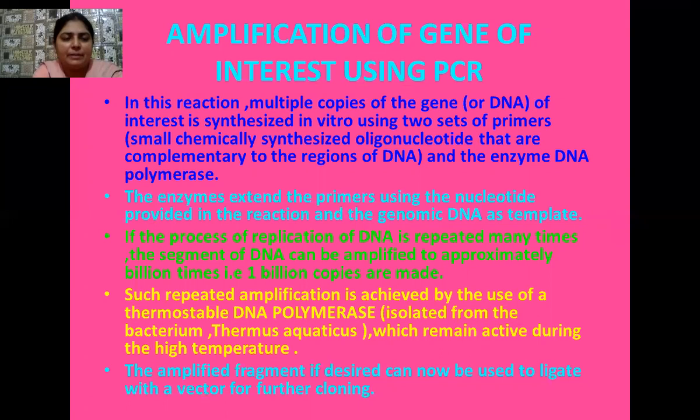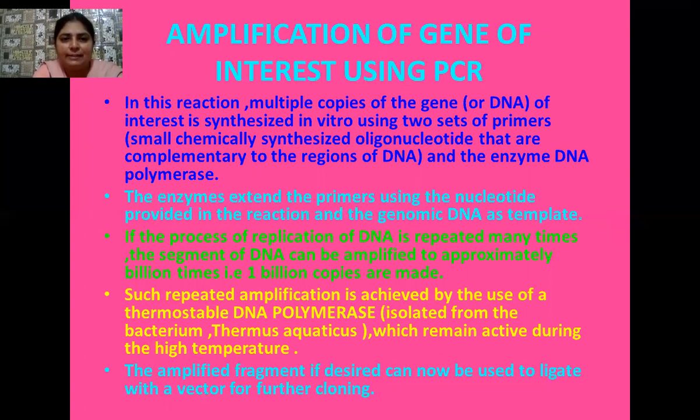Because the experiment is done in laboratory conditions, you have to supply all the things that the gene of interest generally obtains when it is inserted inside the host organism.